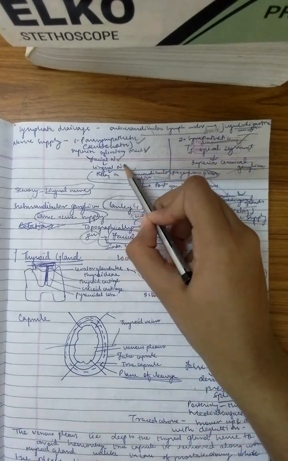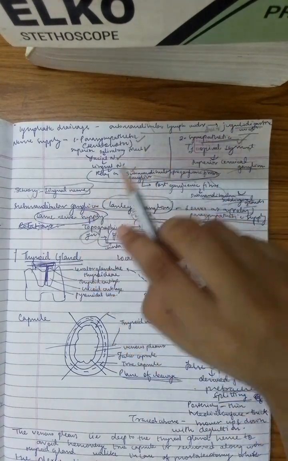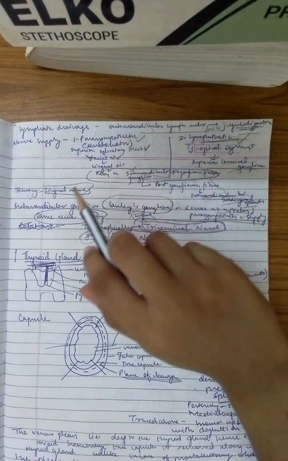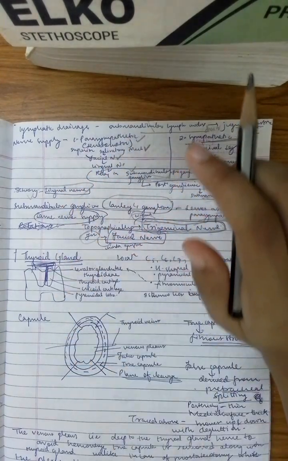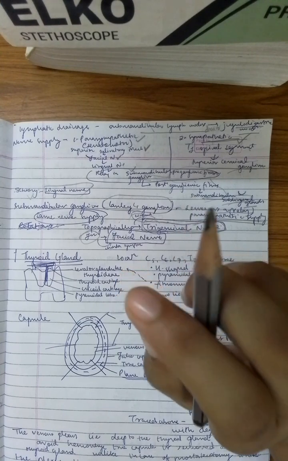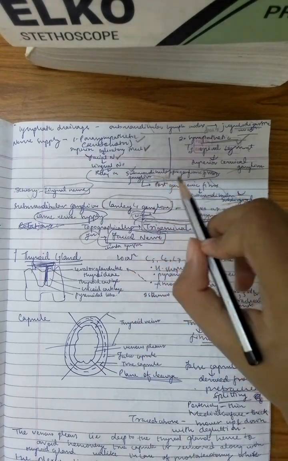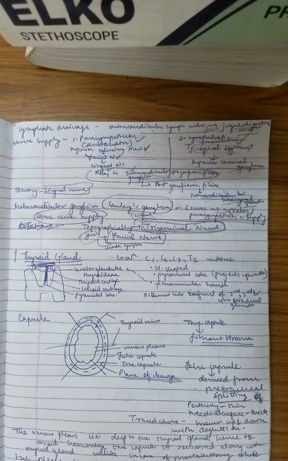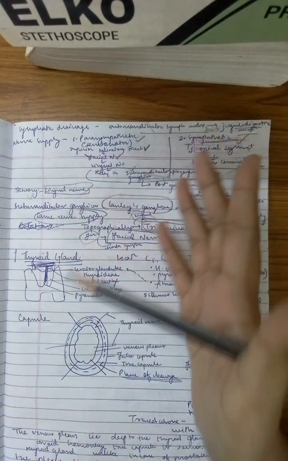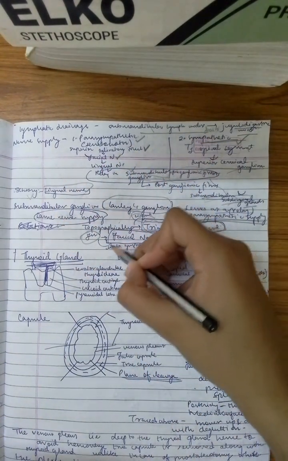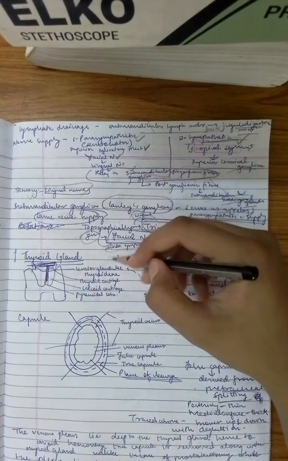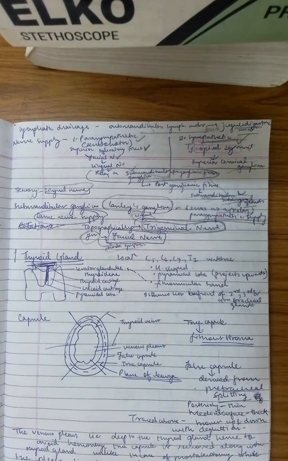Chorda tympani fibers travel along with the lingual nerve from the facial nerve and give special sensation to the anterior 2/3 of the tongue.